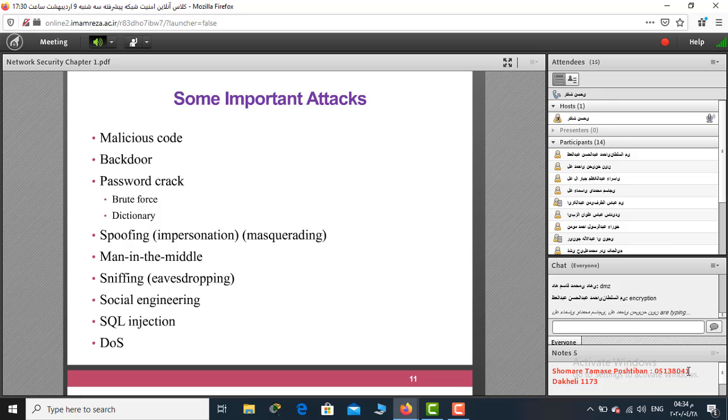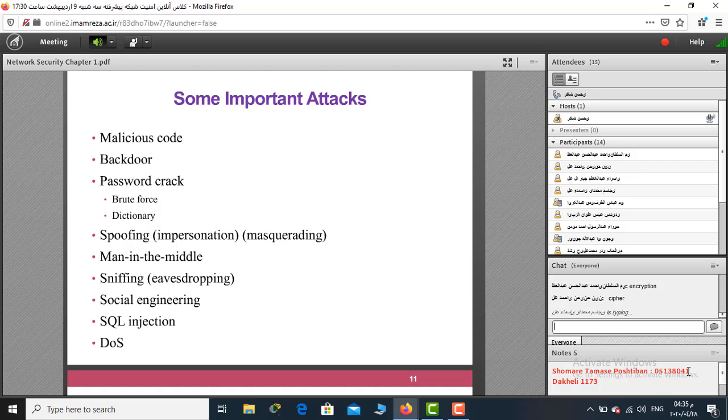Yes, cipher or encryption. These are simple and popular ways for countering the eavesdropping attack. Thank you.